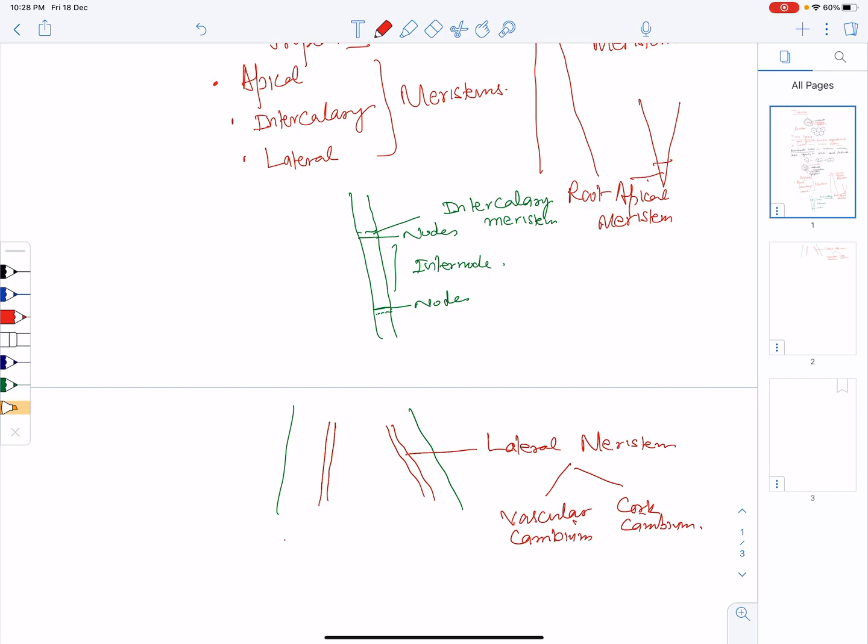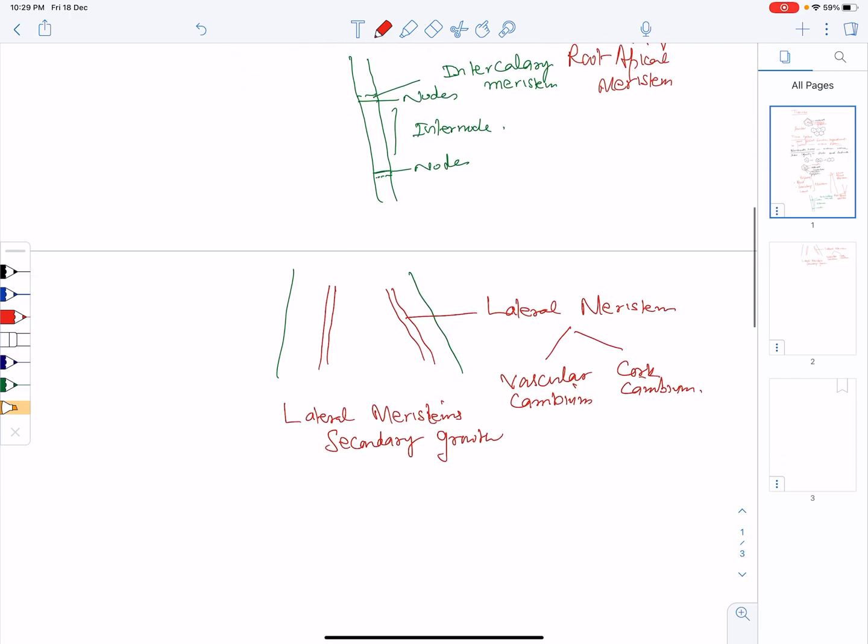These are lateral meristems, helping in secondary growth of the plant. Primary growth leads to elongation, and secondary growth helps in isodiametric growth.